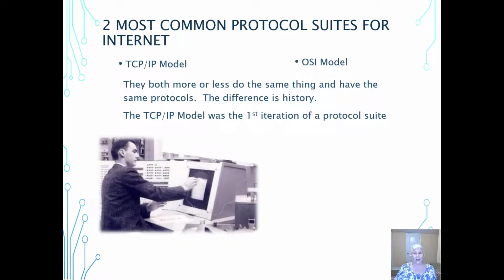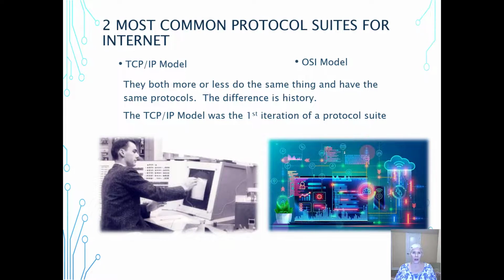Essentially, in the 70s, when the internet was very new, it was more or less very simplified. And so 4 layers would describe the way that traffic or data moved through the internet or through the data networks.